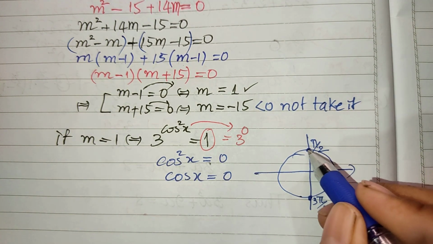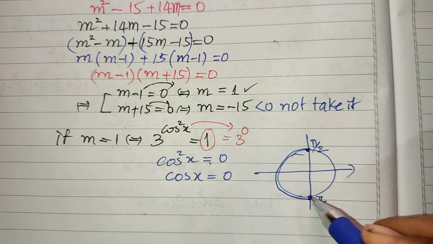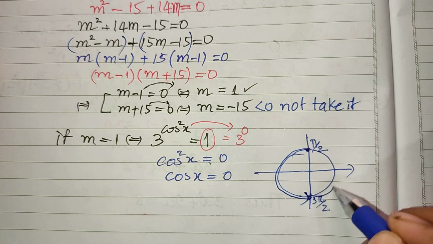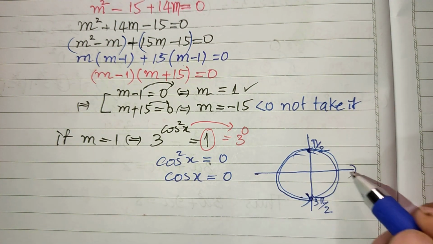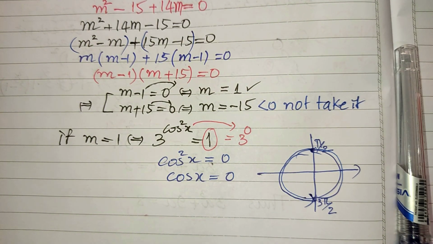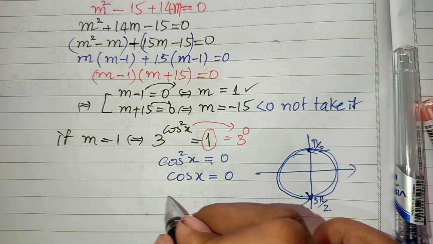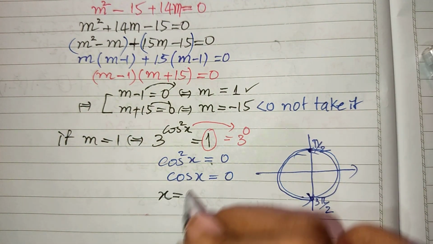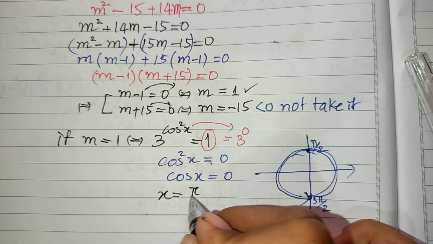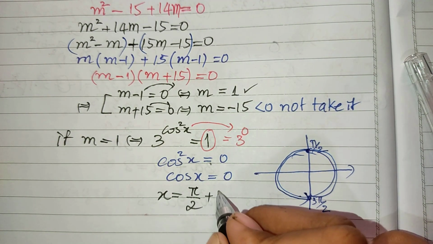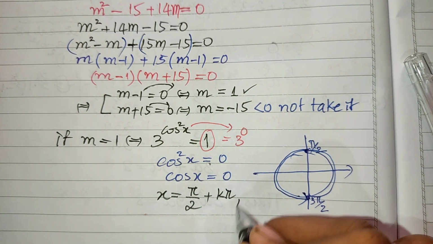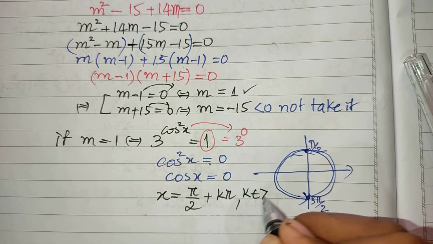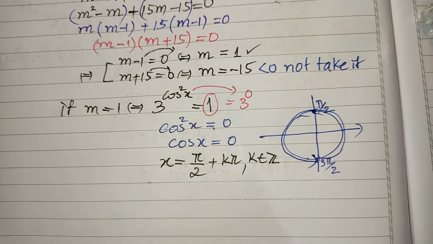These repeat every half cycle, so we get x equals pi divided by 2 plus k pi, where k is an integer.